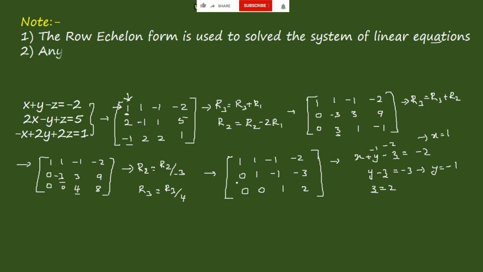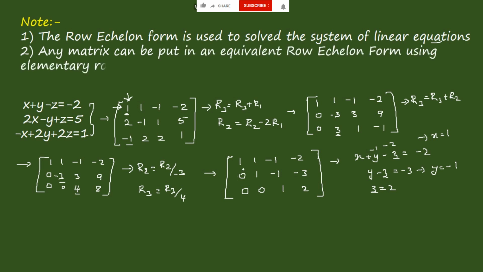Now the second point that we know is that any matrix can be put in an equivalent row echelon form by using elementary operations. If you see here, you have done an elementary operation, right? And we have converted it into row echelon form. So any linear equation can be converted into row echelon form by doing elementary operations, right?